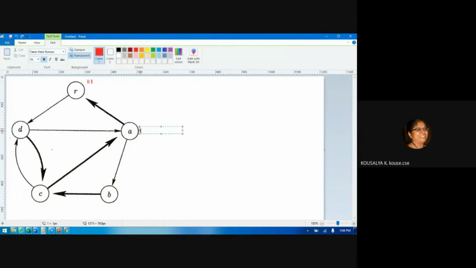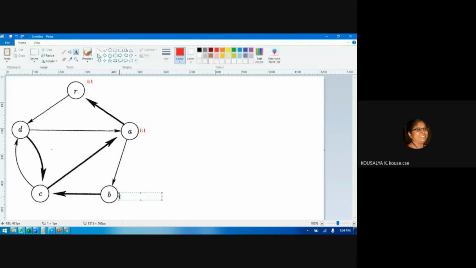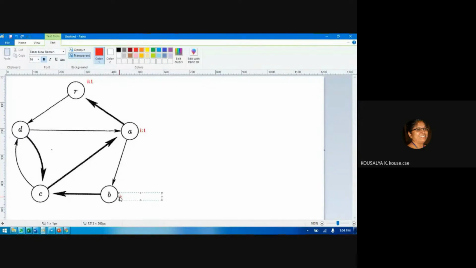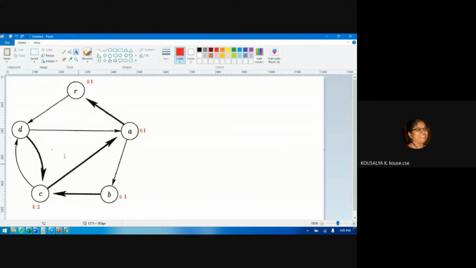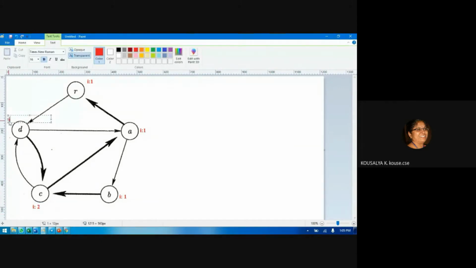What is the in degree of C? It is 2. For D, the in degree is also 2.